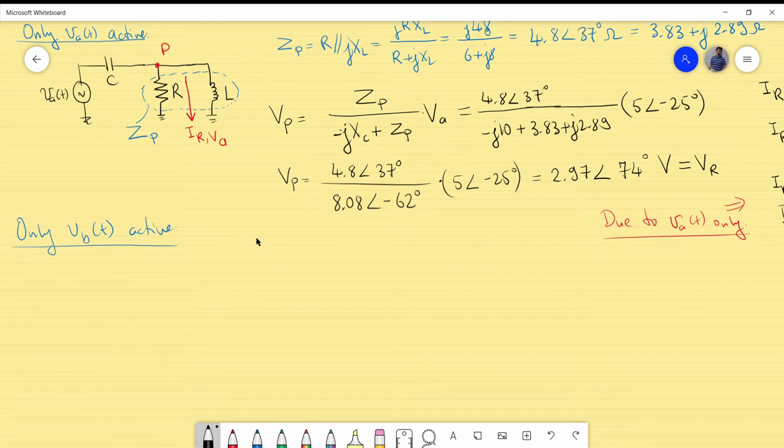So the circuit will be like this. We have the short here. Or I make this directly the capacitor in parallel. That's a bit handy. So I have the capacitor here, which is in parallel already with the resistor. And I have the inductor, which is now connected to VB.